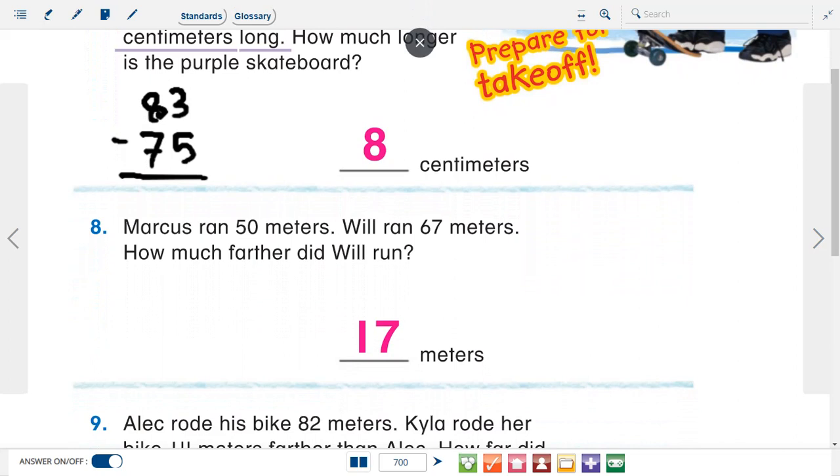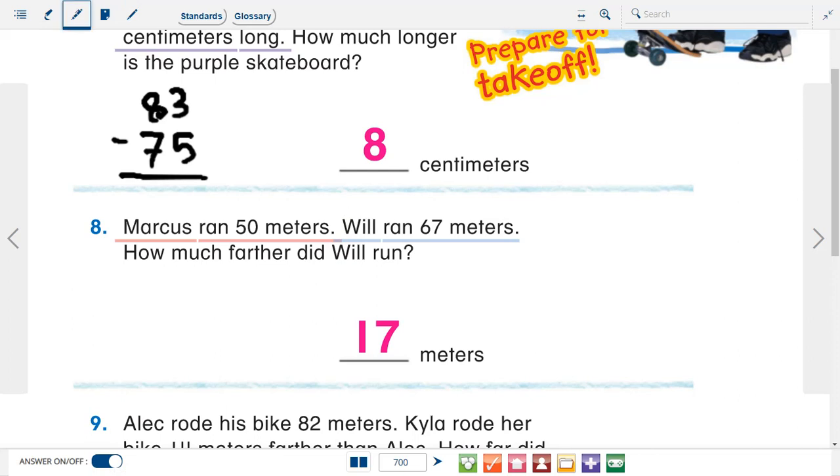Now, Marcus ran 50 meters. Let's try to underline this, okay? He ran 50 meters. Will ran 67 meters. Let's underline this with different color. Okay, now how much farther did Will run? How much farther mean how much longer? The same thing, okay?